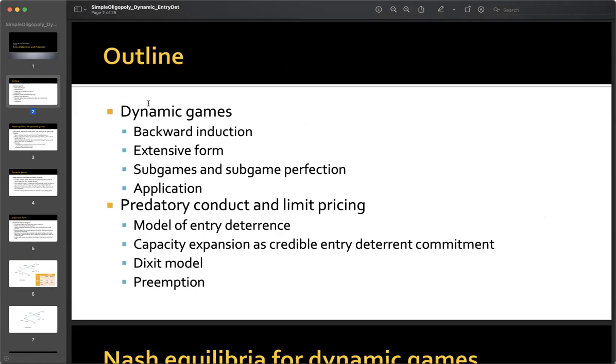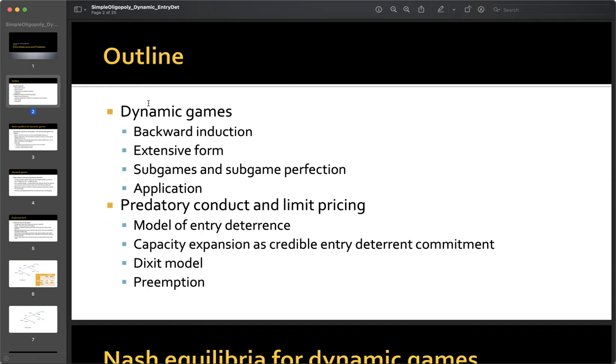A dynamic game here is basically a game of entry in industrial organization. So we will restrict ourselves to games of entry or exit. So in the sense of the Stackelberg, for example, or Bertrand price leadership, we are thinking about actions that I will do today that will influence your actions in the future such that you won't even want to enter.